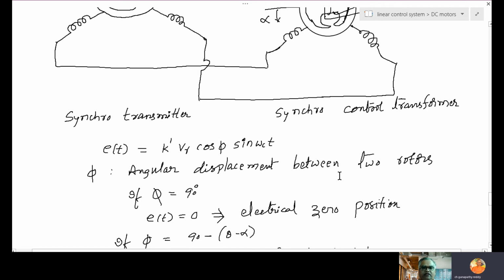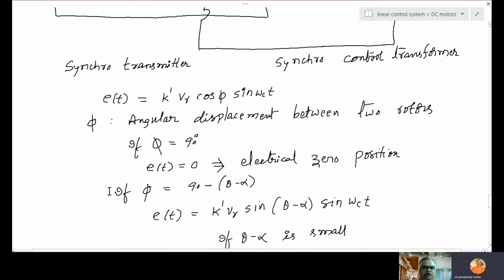That is θ minus α. If φ is equal to 90 degrees, the angular displacement between the two rotors, then cos 90 is 0. That is called the electrical zero position. So when the difference is 90 degrees, you get 0.